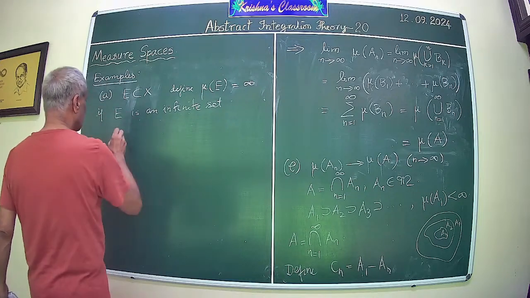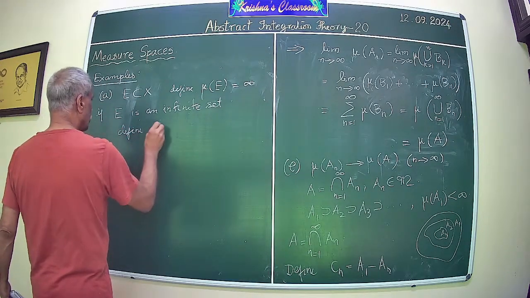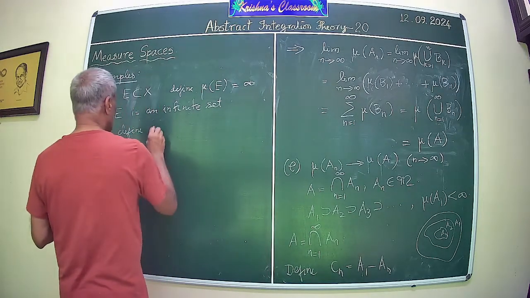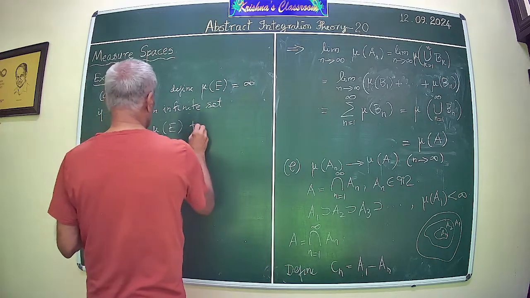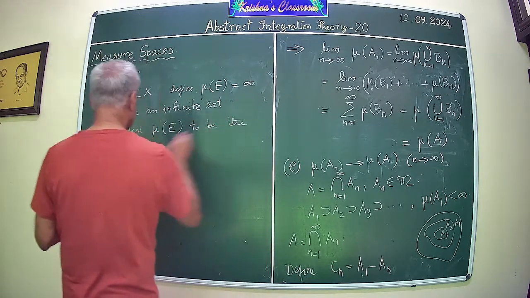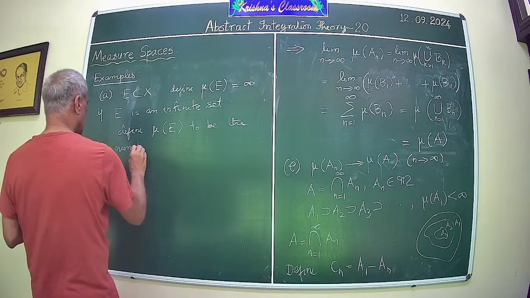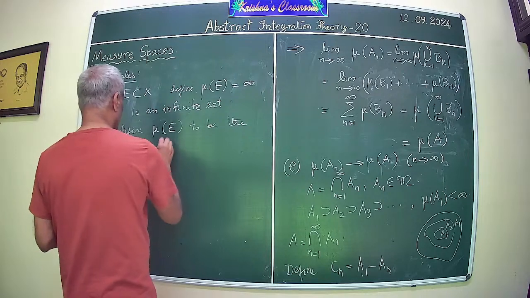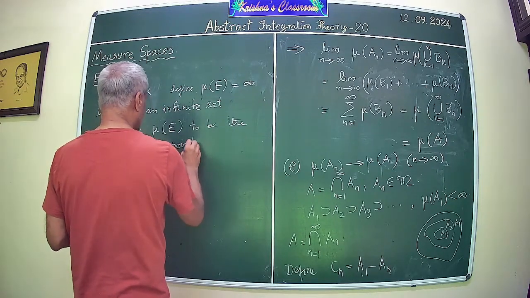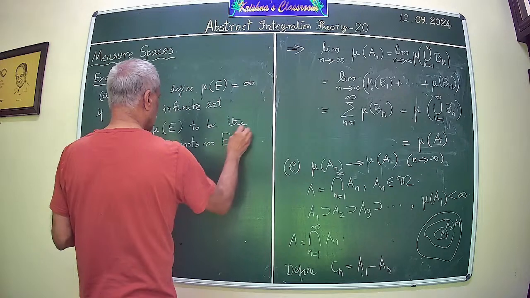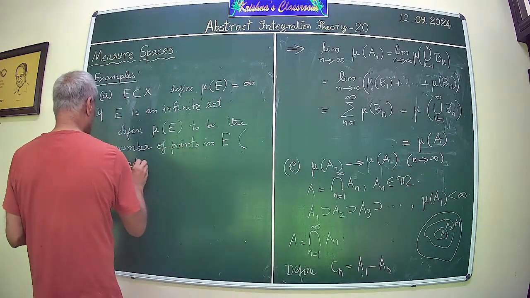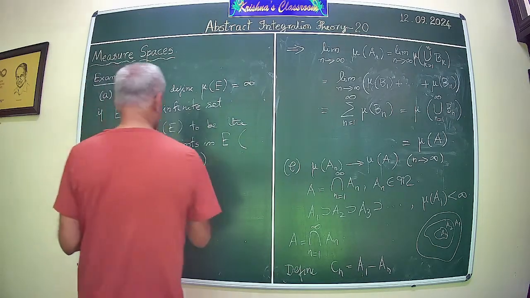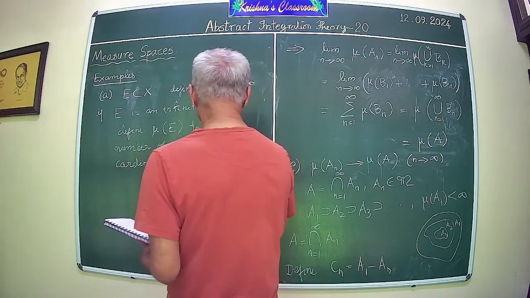Now define mu of E to be the number of points, or what you call the cardinality, if E is a finite set.